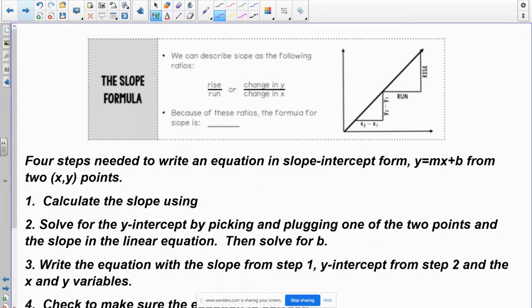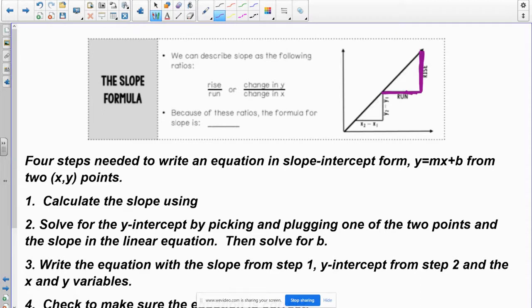So we can describe slope as the following: rise over run. So rise is how high something goes up on the y-axis between 2 points, and run is your horizontal change. So we have our vertical change over our horizontal change, or sometimes you'll hear it as change of the y over the change of the x, and all of these are the same idea here.